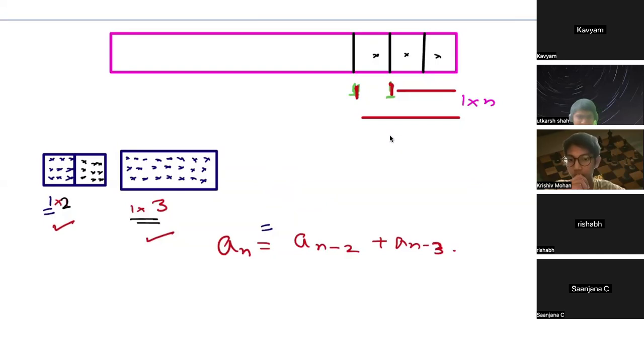So I'm giving you this 1 cross 4 and 1 cross 3. Then you'll be able to write it down. This 1 cross 4 and 1 cross 3. For counting only, I'm giving you.